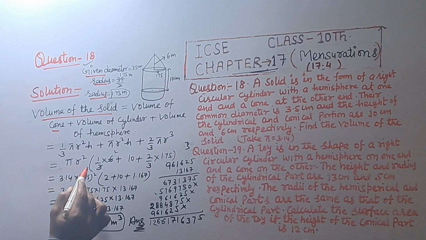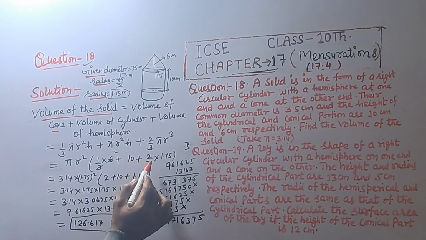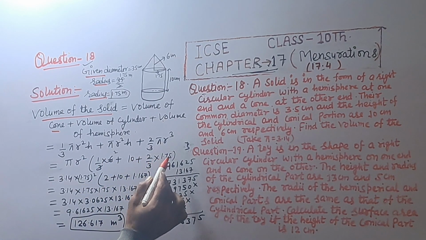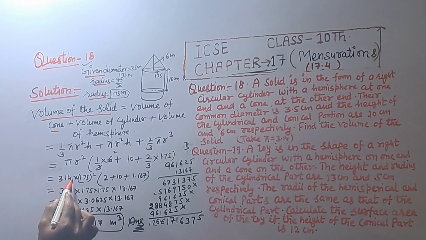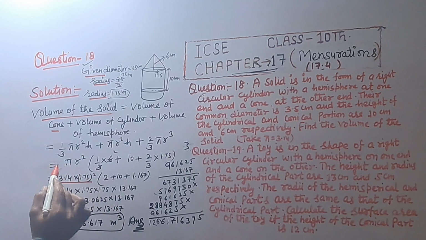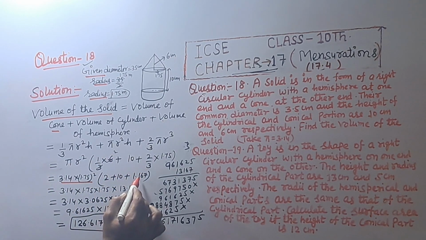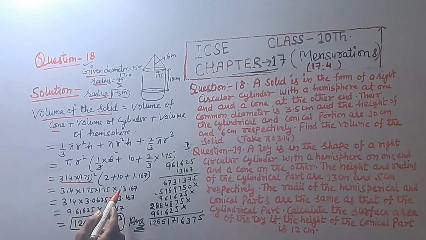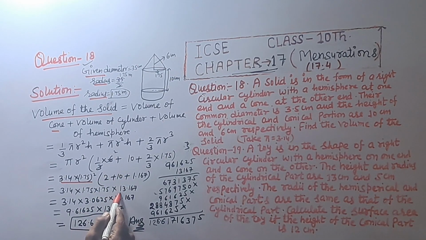That is pi r square into bracket 1 by 3 into 6 plus 10 plus 2 upon 3 into 1.75, that is 3.14 into 1.75 square, taking common, in bracket 2 plus 10 plus 1.167, that is 13.167.